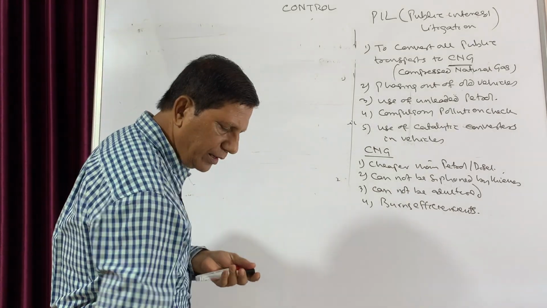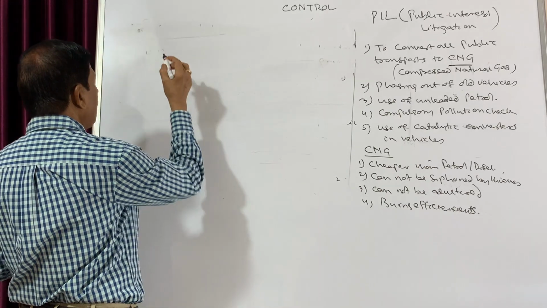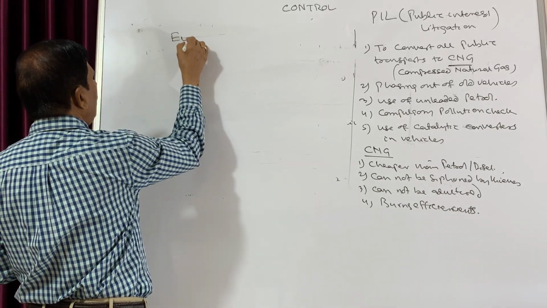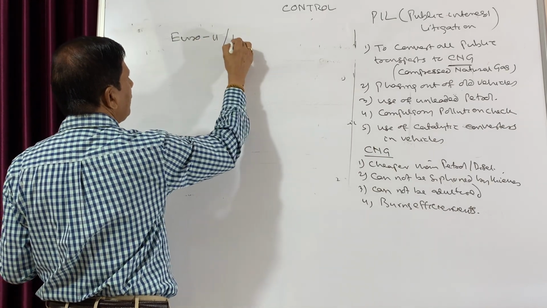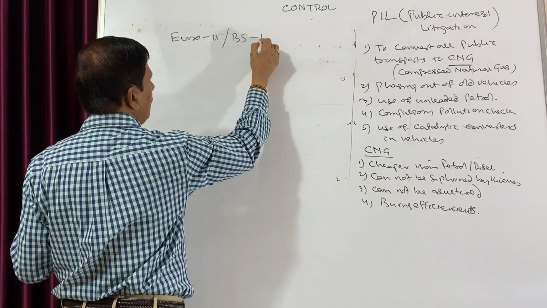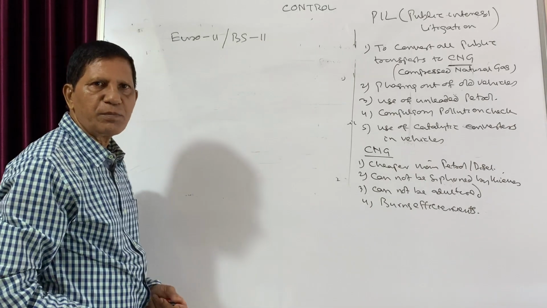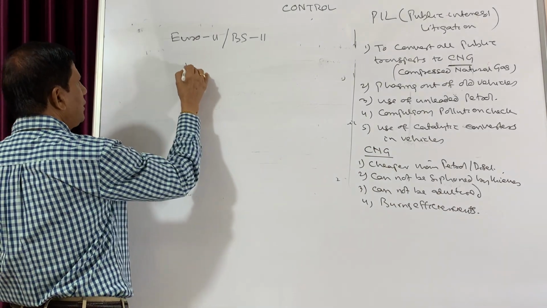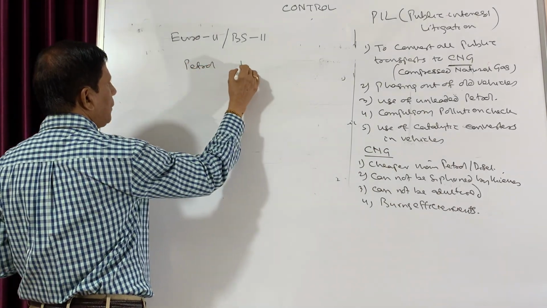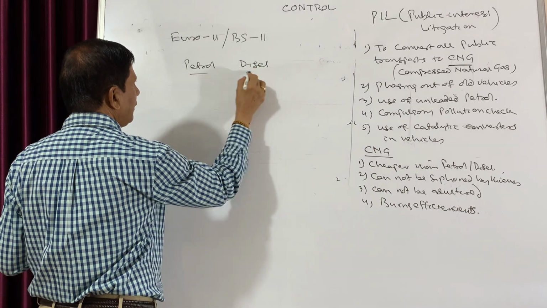Previously, the Government of India was following the Euro 2 norms, but now this Euro 2 norm is known as BS2 norm, Bharat Stage 2. So what is this for petrol and diesel? Let us discuss.